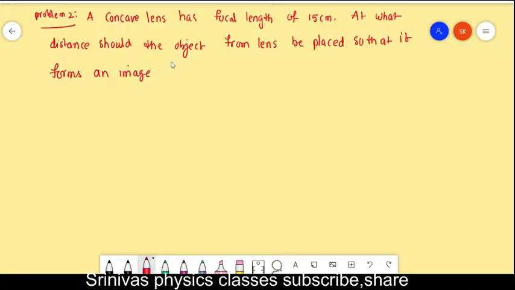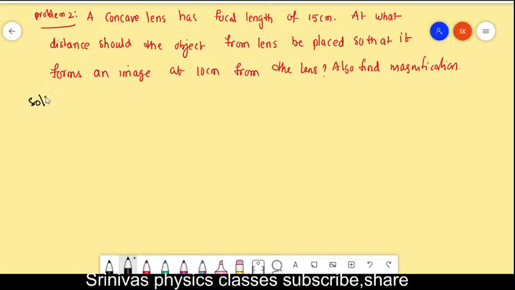It forms an image at 10 centimeters from the lens. Also find magnification. This is simple question. Okay, let us go for the solution.